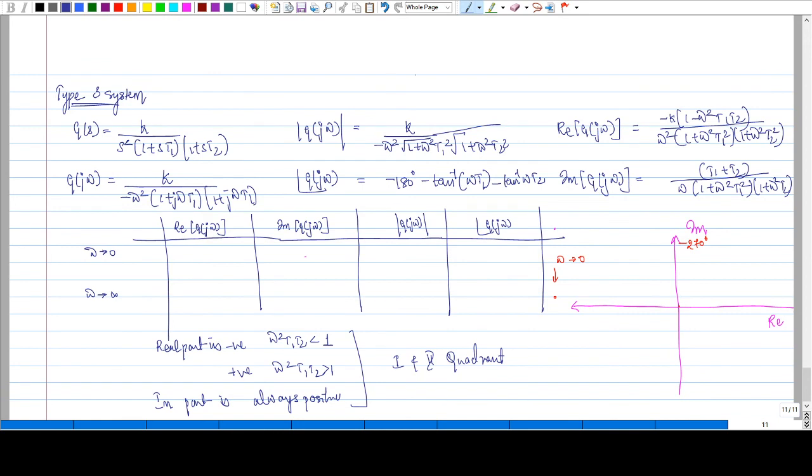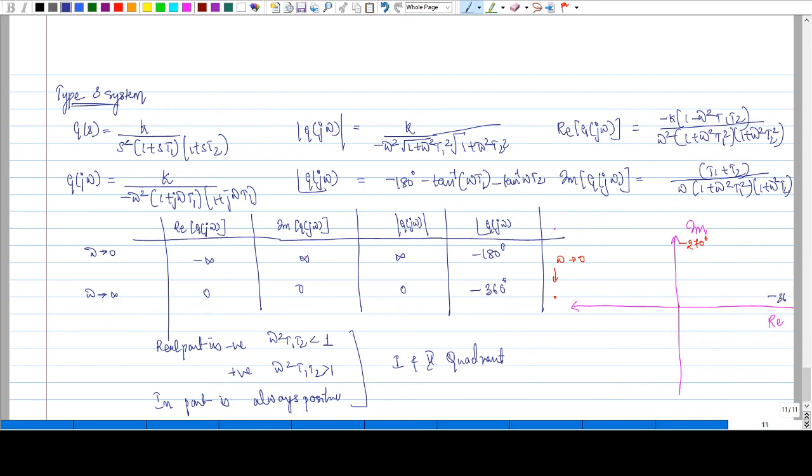So same thing, when you tabulate the plot, this becomes minus infinity, this is infinity, infinity, minus 180 degrees, this is 0, 0, 0, but here it is minus 360 degrees. Minus 360 is nothing but this line.